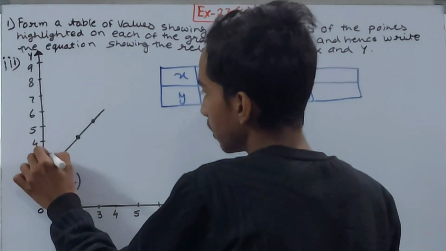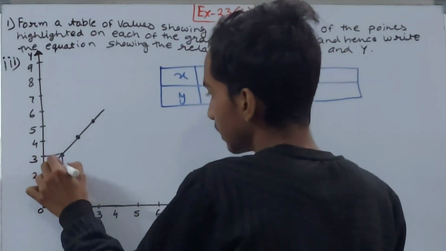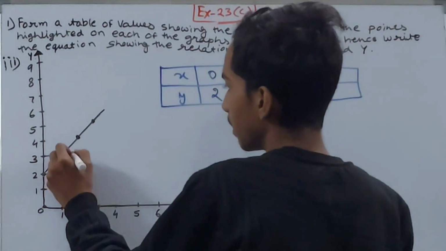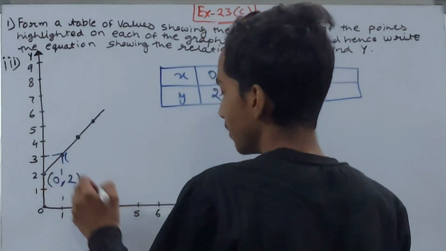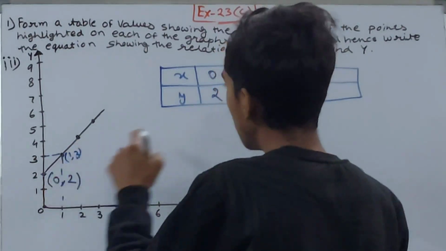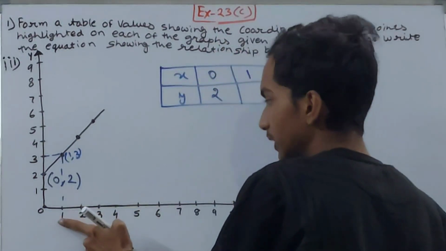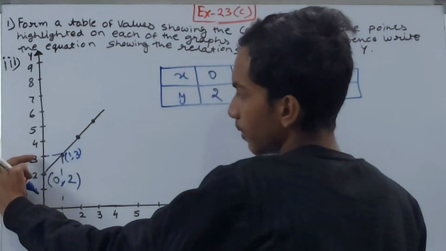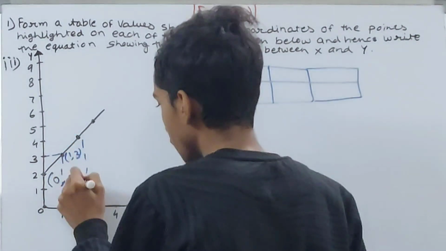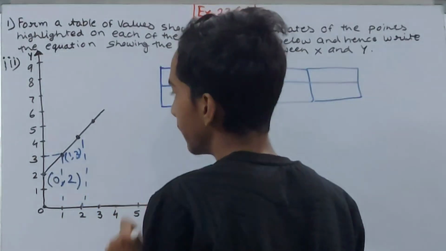See this one now, 3 on the y-axis, 1 on the x-axis. So for this point, what can be the coordinates? 1 comma 3, isn't it so? 1 on the x-axis, 3 on the y-axis, 1 comma 3. Now see this point, right? We go down and come here at 2.